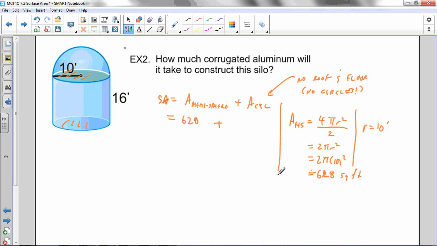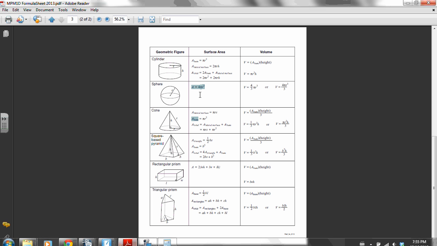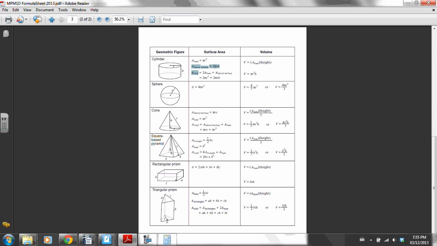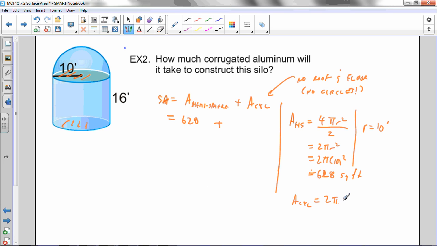Plus the lateral area, right? If I go back to my formula, I don't need the 2 circles. I just need the curved part. I just need this lateral surface area here, 2 pi r h. All right, no worries. 2 pi r h. R is 10, the height is 16, 2 times pi times 10 times 16 on the calculator, and what did I get?